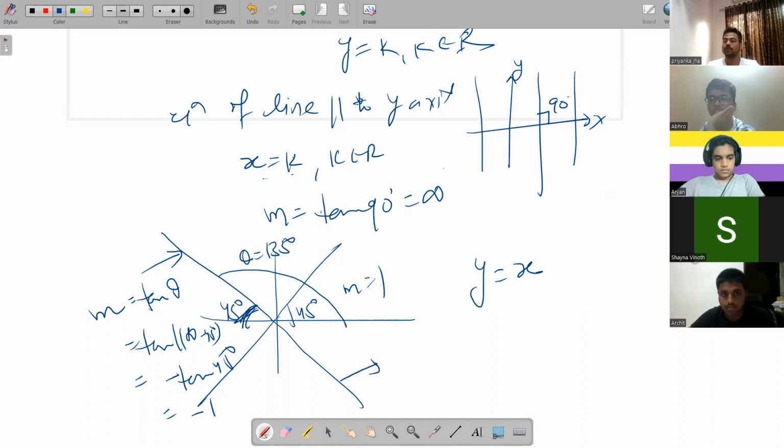If I want to write the equation of this line passing through the origin and having slope minus 1, its equation will be y equal to minus x. Understood? Just put m equal to minus 1 here. Noted?